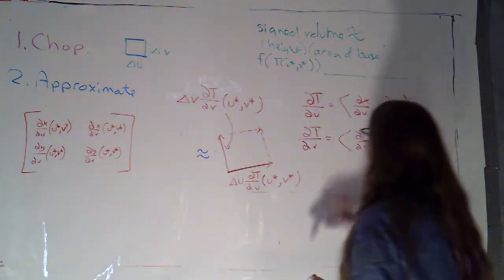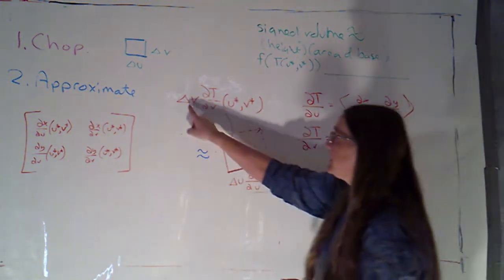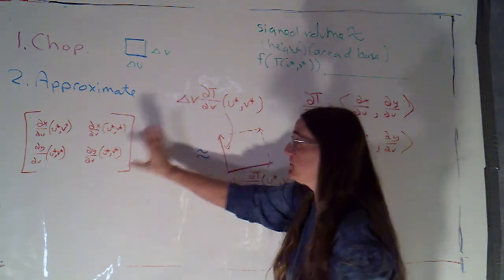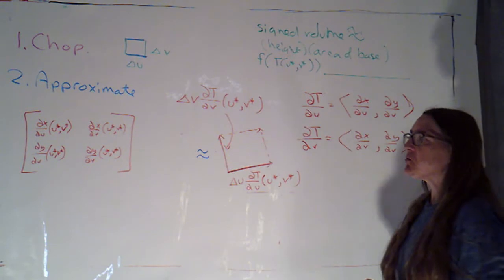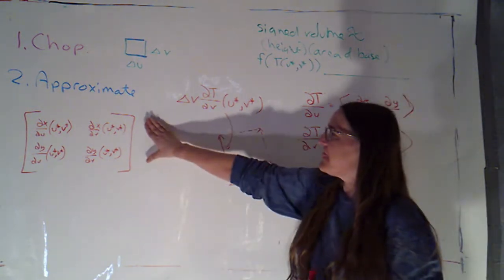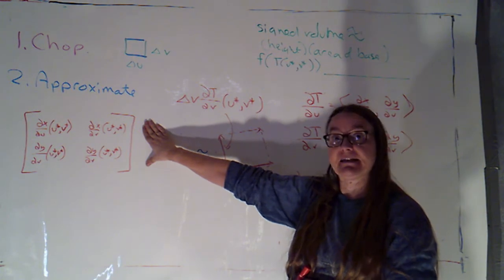Now I've just written the partial derivatives at this point. I haven't yet thrown in that I'm going to scale by delta u and delta v. I'm about to do that. This is incomplete. But I just want to point out this matrix is the derivative of T.